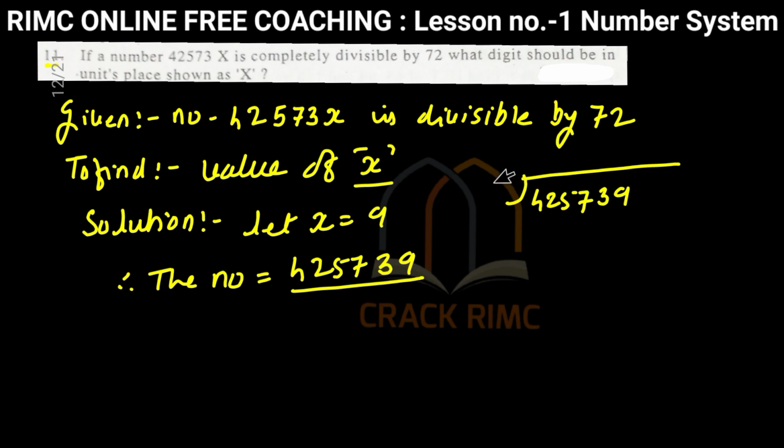So I will write here 42573 divided by 72. We will consider these three digits. So I will multiply 72 by 5. 72 fives are 360.